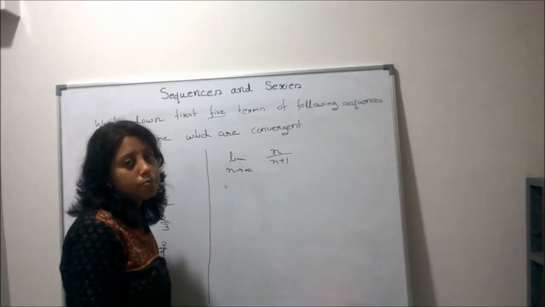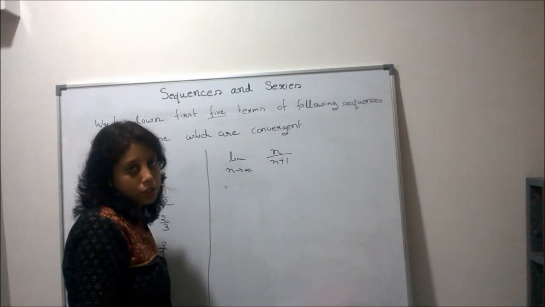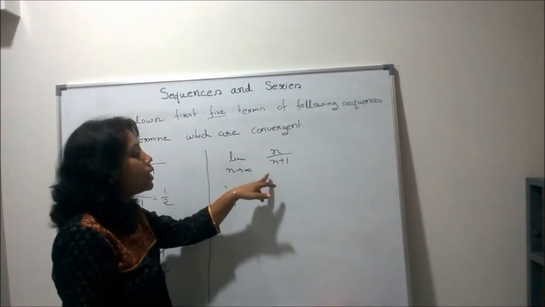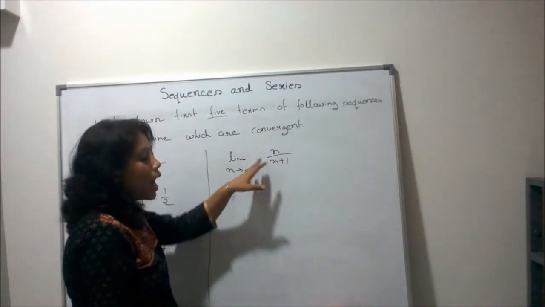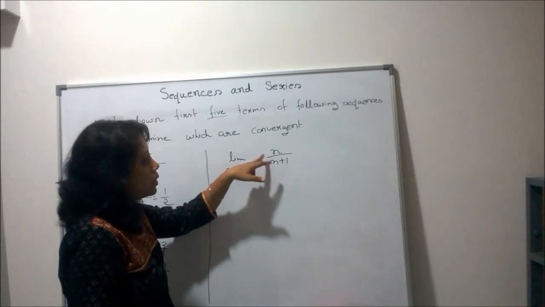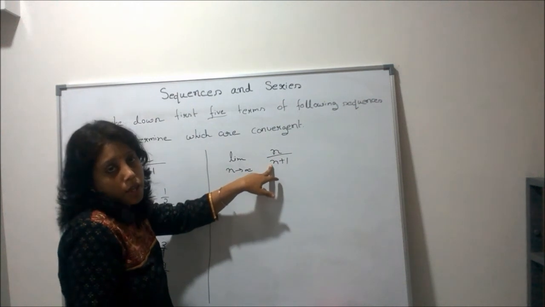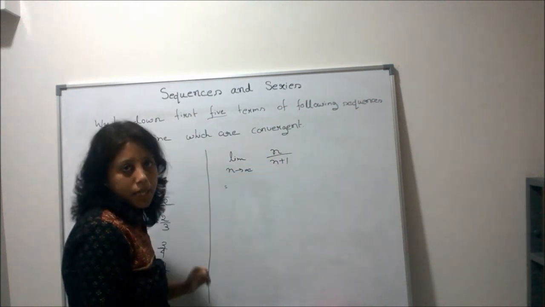So for this type of problem, we divide the numerator and denominator by the highest power of n. Here the maximum power of n is 1, so we divide by n only.